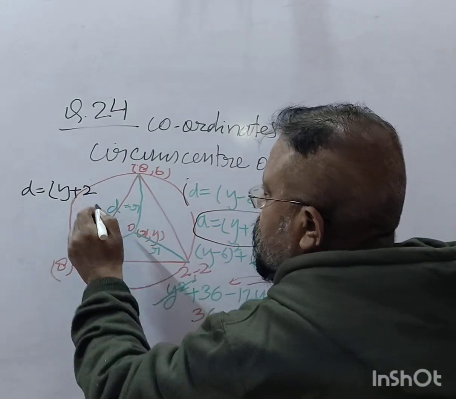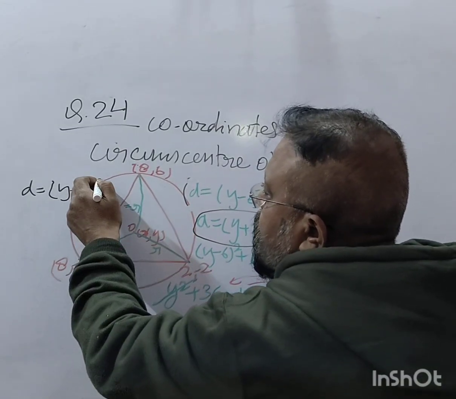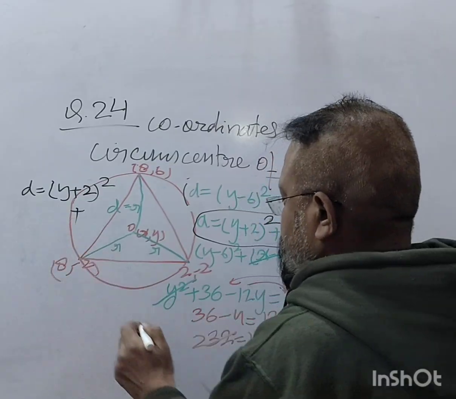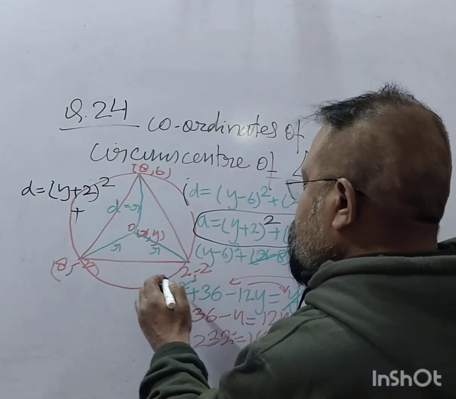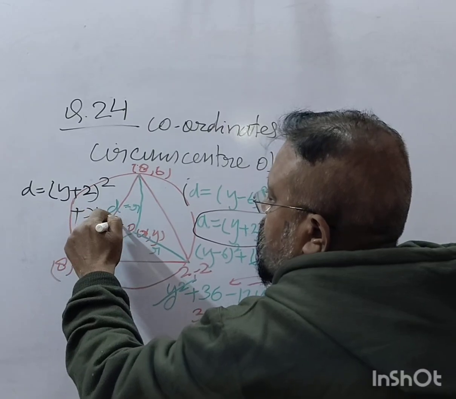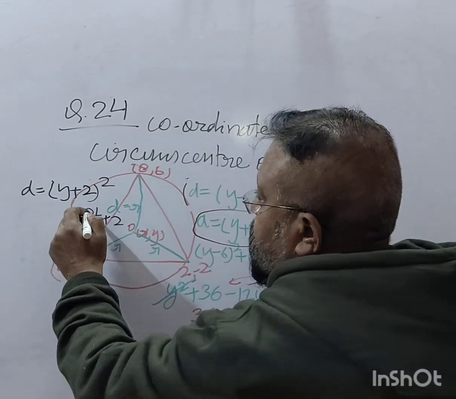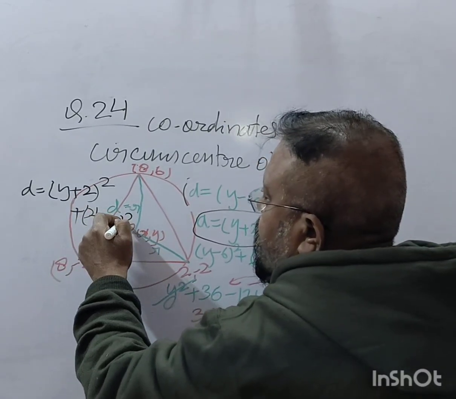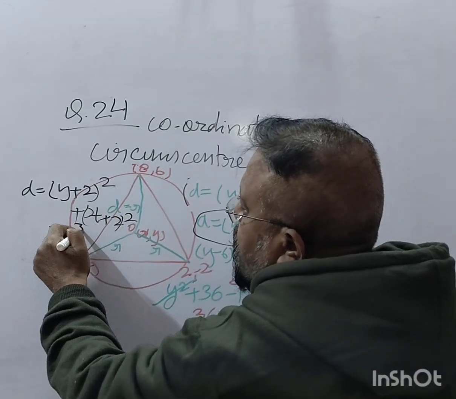So y plus 2 whole square plus x plus 2 whole square, right? This is equation number 3.